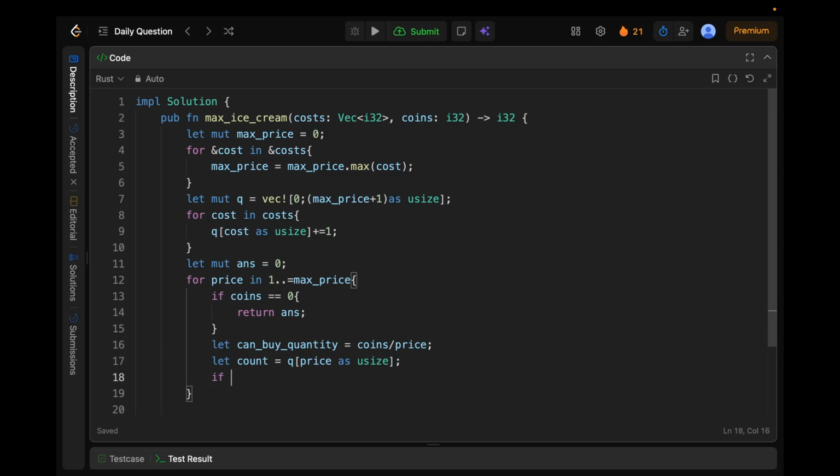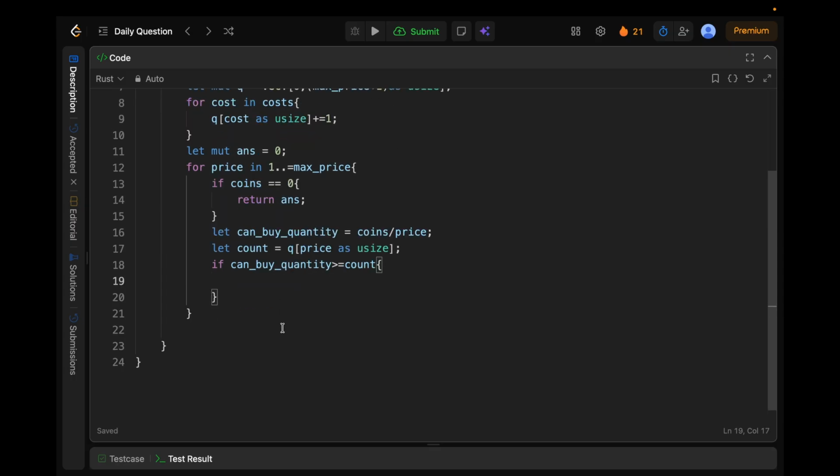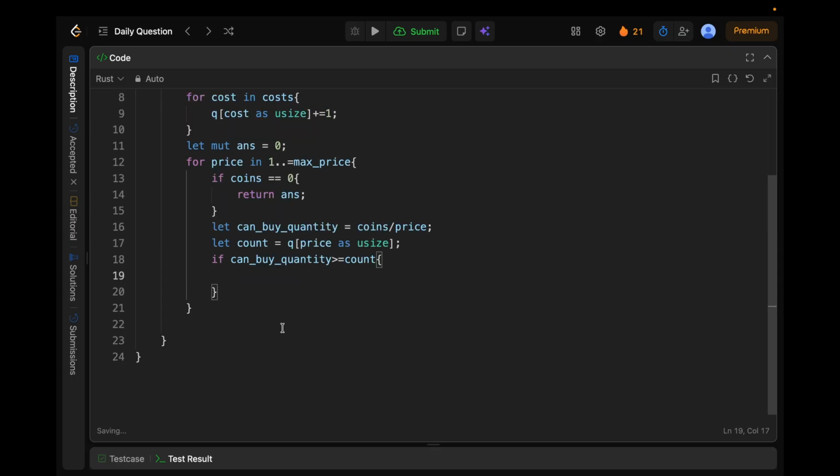Now if my can buy quantity is greater than or equal to count, that means I can buy all the ice creams.